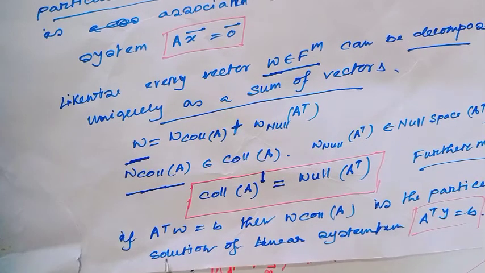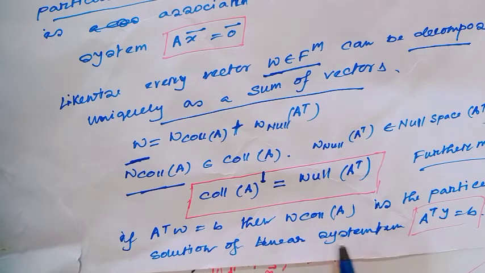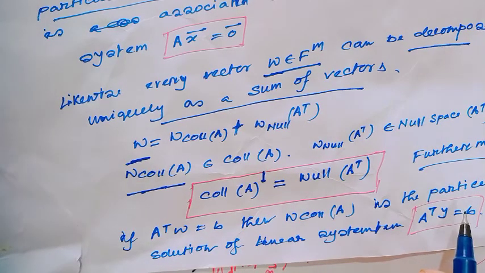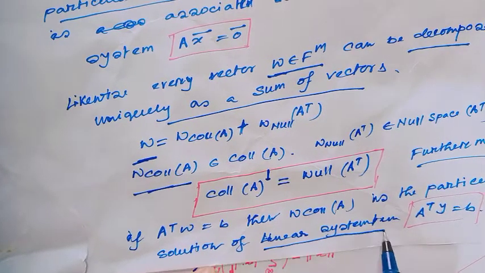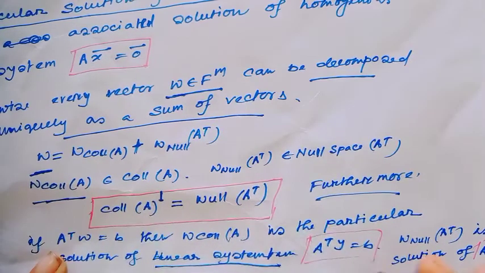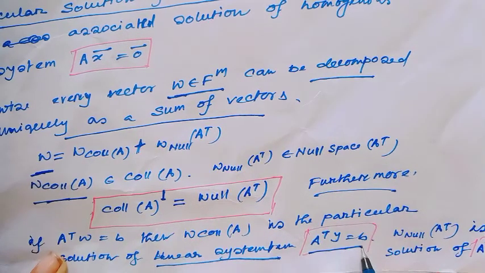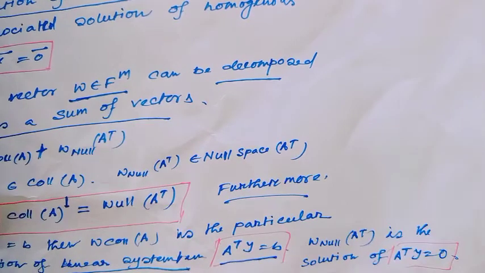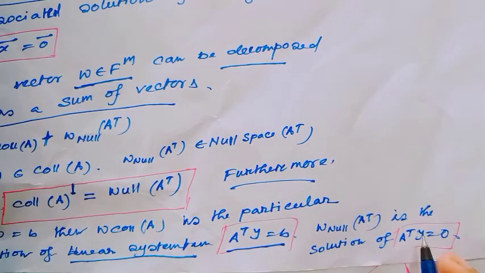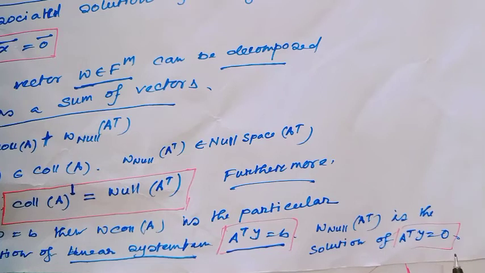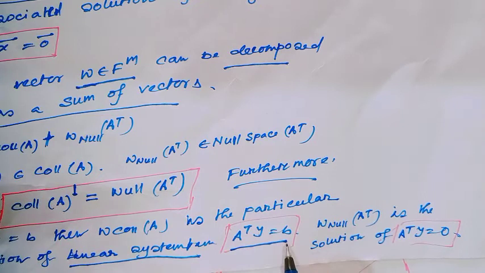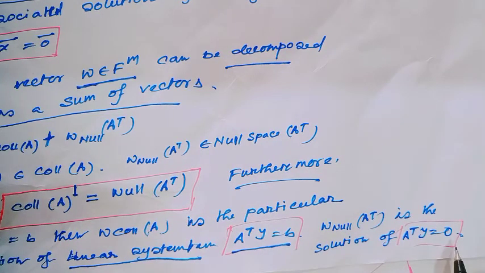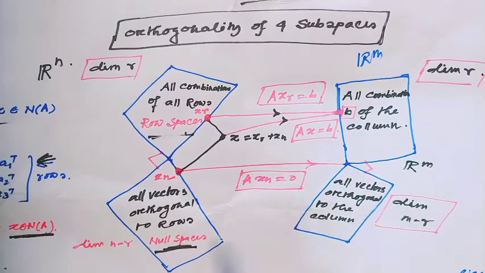Furthermore, if A transpose w equal to b, then w column space of A, similar to before, is the particular solution of the linear system of equations A transpose y equal to b, and w null space of A transpose is the solution of A transpose y equal to 0. Now look at the picture.